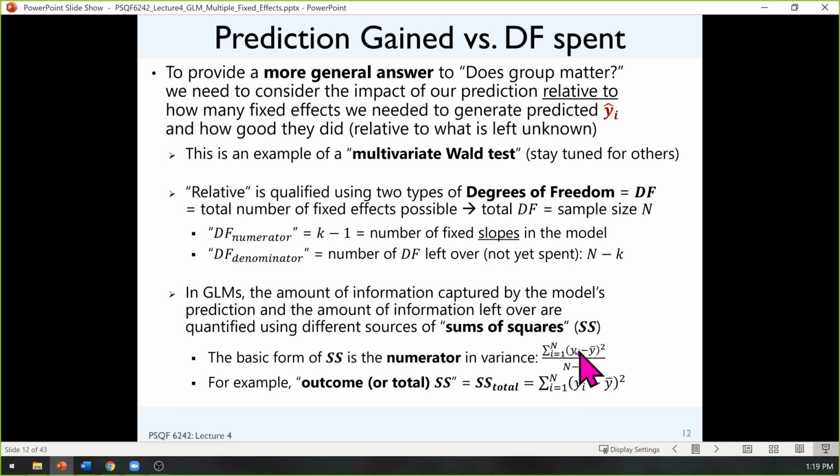So you know this one, for instance: how do I get the variance of a variable to begin with? It's the outcome for each person, y sub i, minus y bar. Do you remember what y bar is? It's been a few weeks. Was that the, I want to say, mean? Mm-hmm.